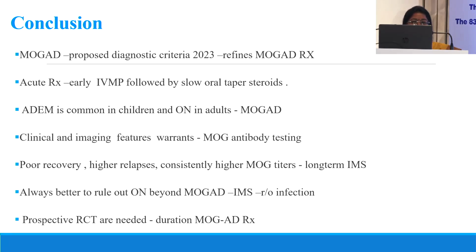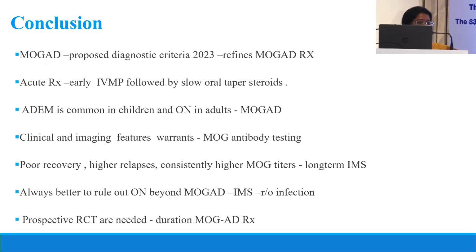Clinical and imaging features will prompt a MOG antibody test. Nowadays, even with the first attack, we do all the seromarkers, because access to these seromarker analyses is not available throughout India in all places. Poor recovery, higher relapses and consistently high MOG titer will warrant long-term immunosuppression.